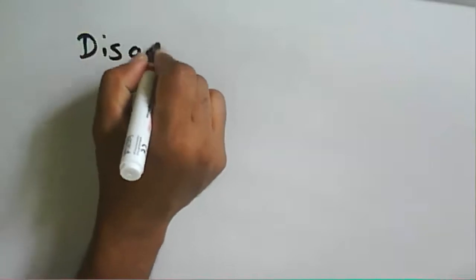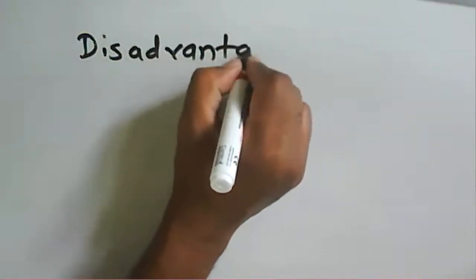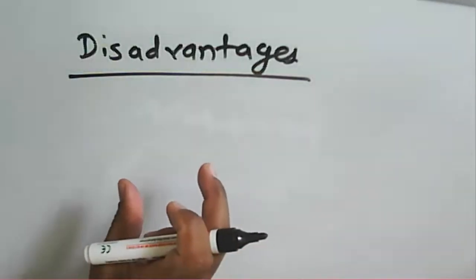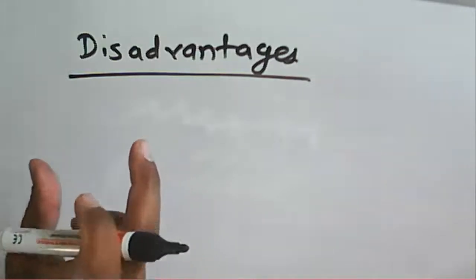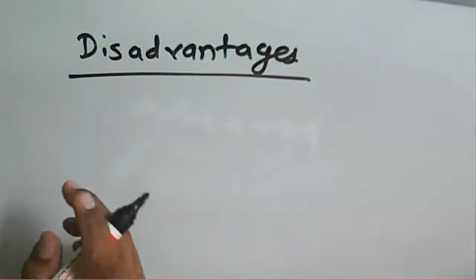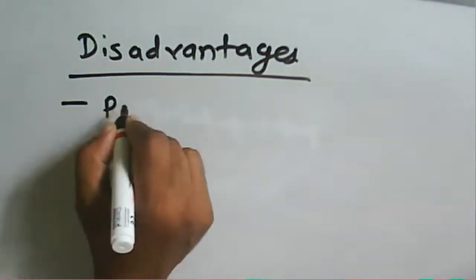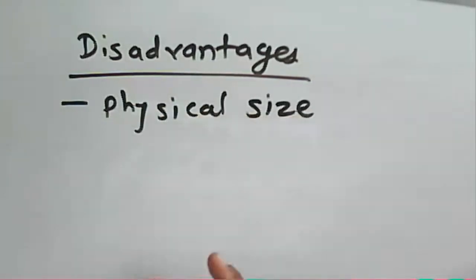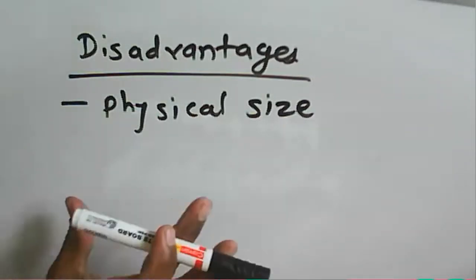Similarly, along with the advantages, it has some disadvantages. So what are the disadvantages of the waveguide? For the rectangular waveguide, the physical size is large as compared to the coaxial wire or coaxial cable.